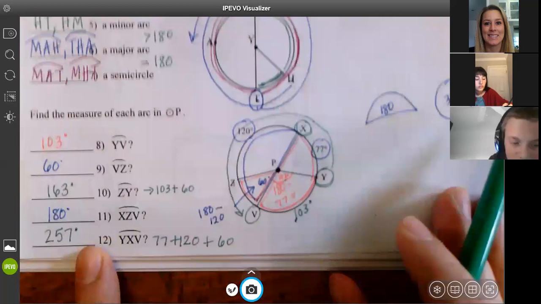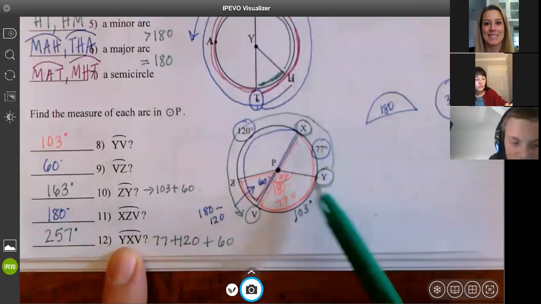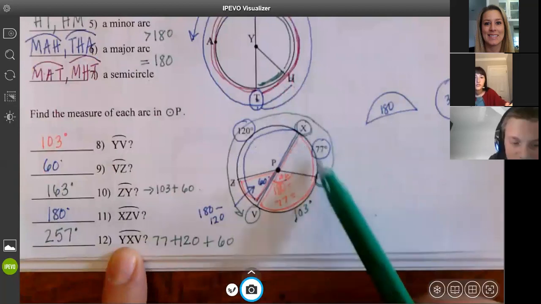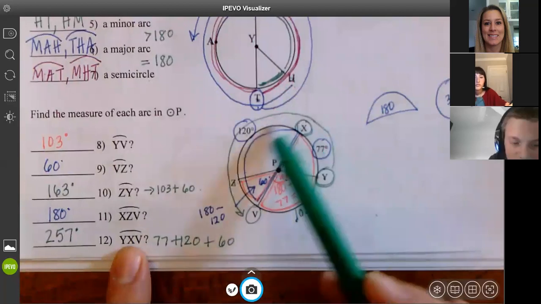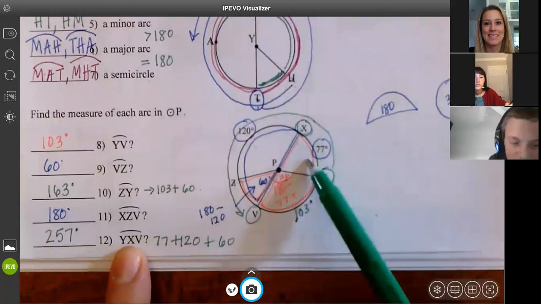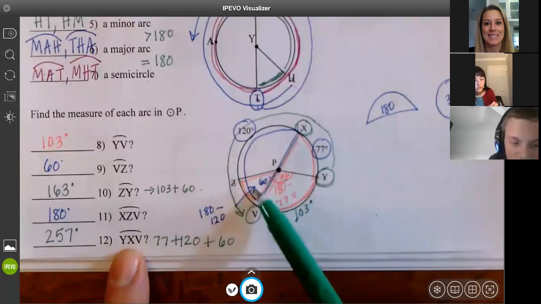And the last one here is YXV. Y, X, and all the way around to V. So I added 77 plus 120 plus 60 to get 257.